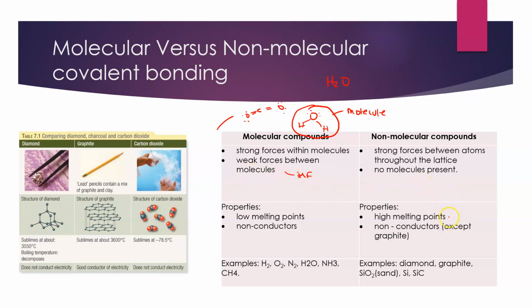Because we have a lattice structure, we see high melting points in a similar way to what we saw with ionic and metallic substances, and critically, these are non-conducting substances. Diamond will not conduct electricity. The only one that does conduct electricity is graphite. This is our exception, but non-molecular compounds such as diamond, silicon dioxide, and silicon carbide will not conduct electricity.